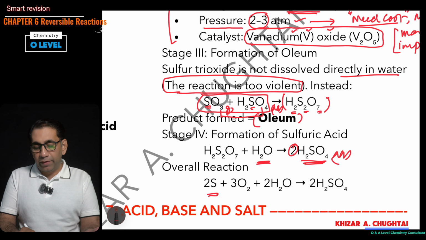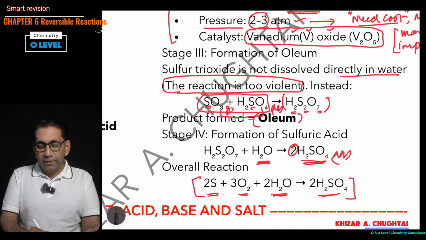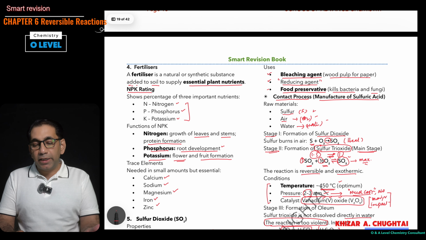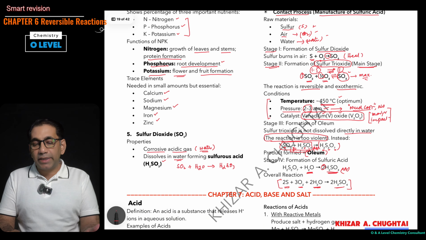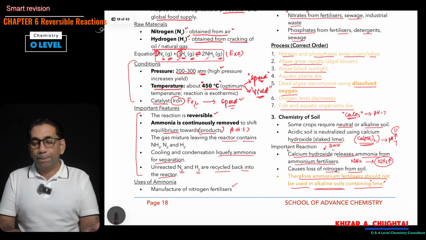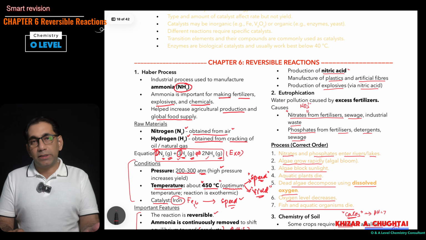We react sulfur with oxygen, make different gases that then react with water to finally make sulfuric acid. That is the overall reaction, and this procedure is called the contact process, in which we can synthesize sulfuric acid.